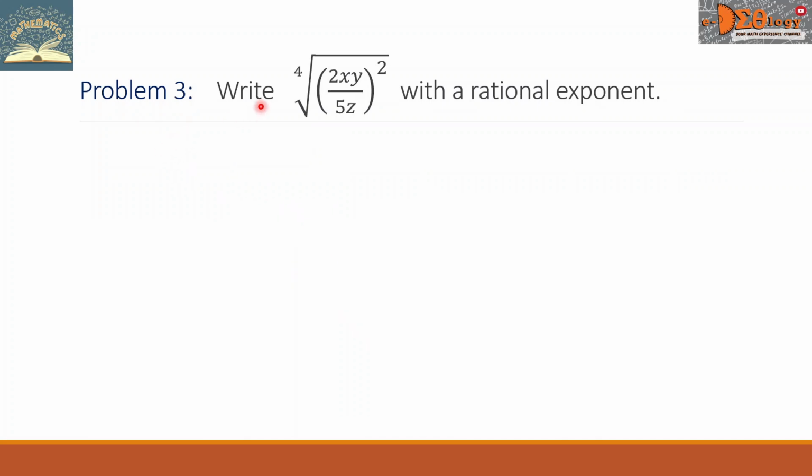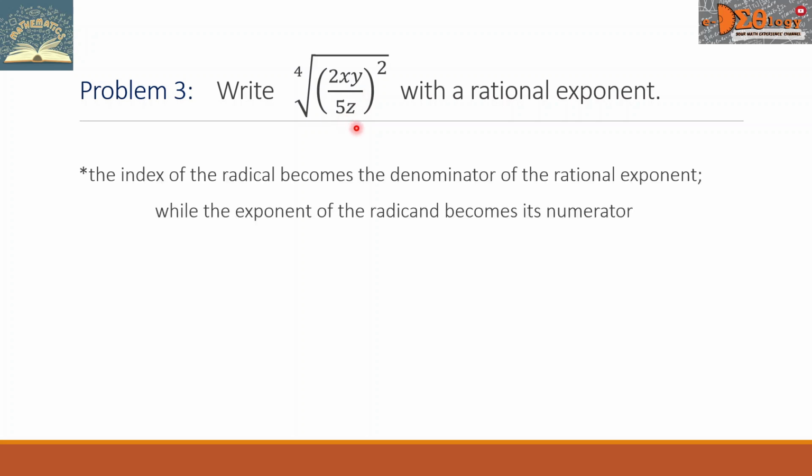Problem 3. Write the fourth root of the square of the fraction 2xy over 5z. The index of the radical, which is 4, becomes the denominator of the rational exponent, while the exponent of the radicand, which is 2, becomes its numerator.